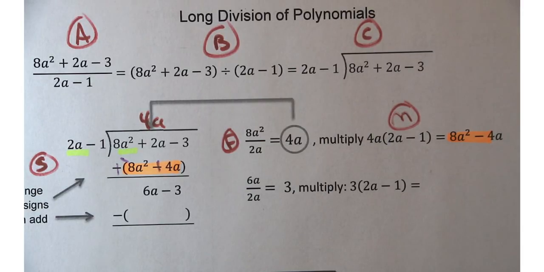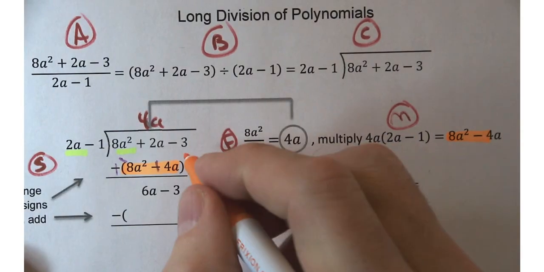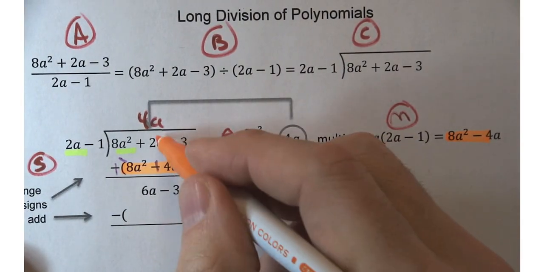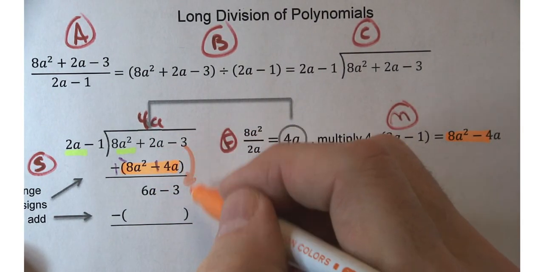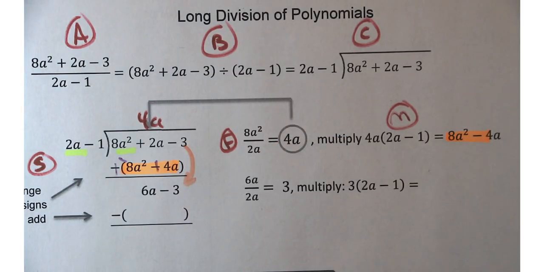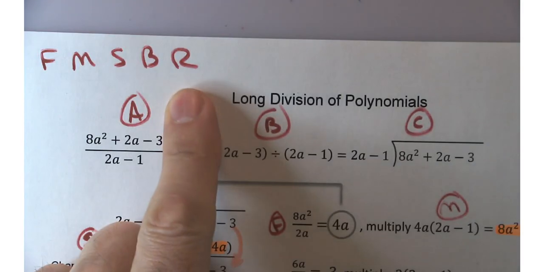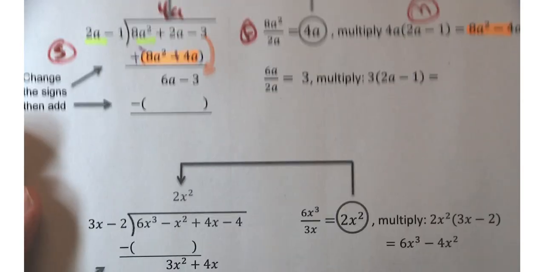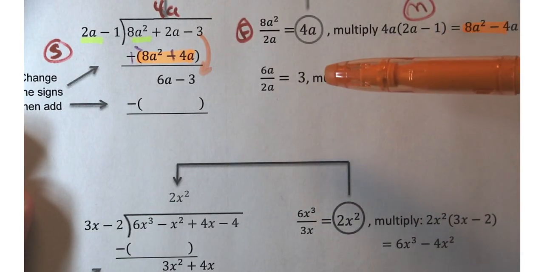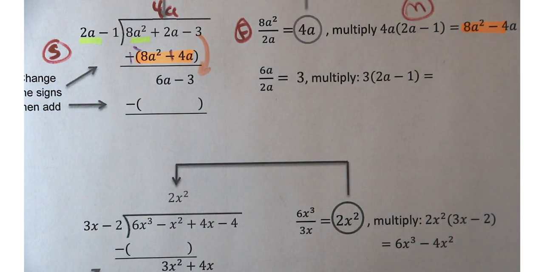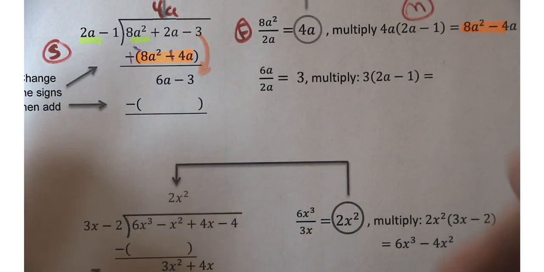And then the brother step is to bring down that 3 here. So we got the 6a, and then the minus 3 gets brought down. So father, mother, sister, brother, and then Rufus, your dog. That means repeat. So we have to repeat this process again. So we'll come down here to this little father step.